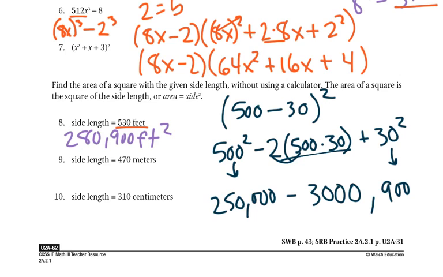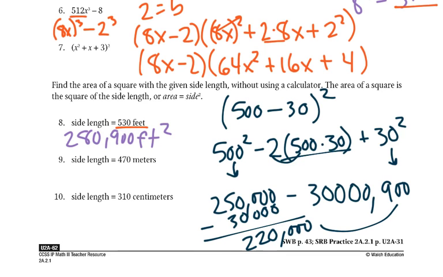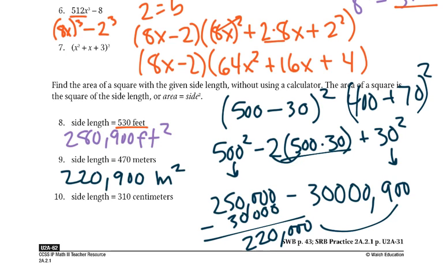So we'd end up just subtracting 30,000 and getting 220,000, then adding 900. So we get 220,900 feet squared, or meters squared. Okay, so that's kind of that way. We could have also went 400 plus 70 and done it that way as well.